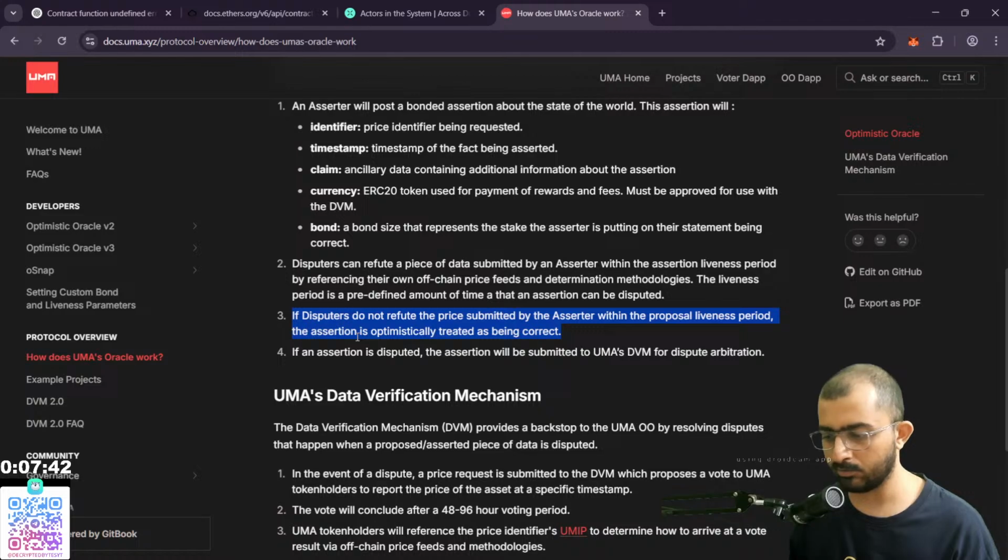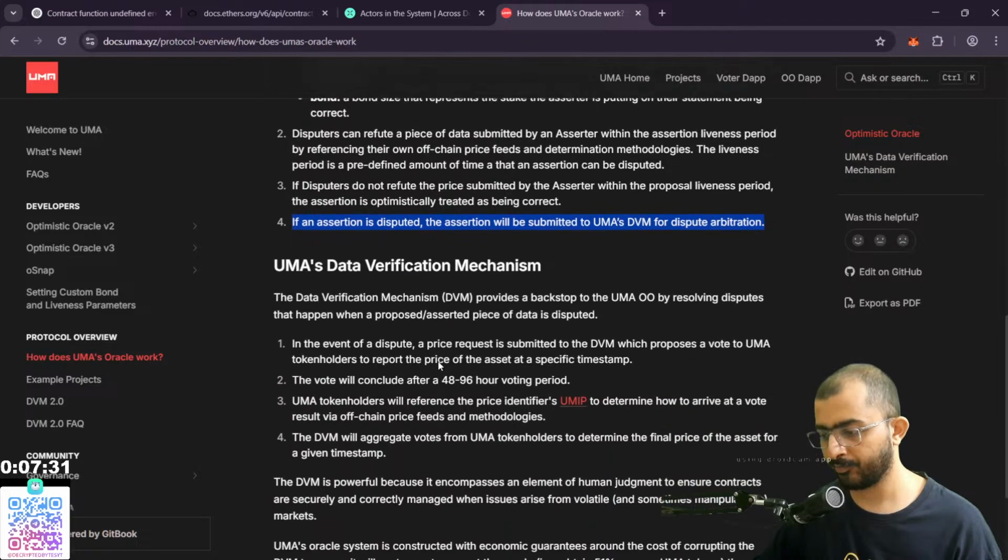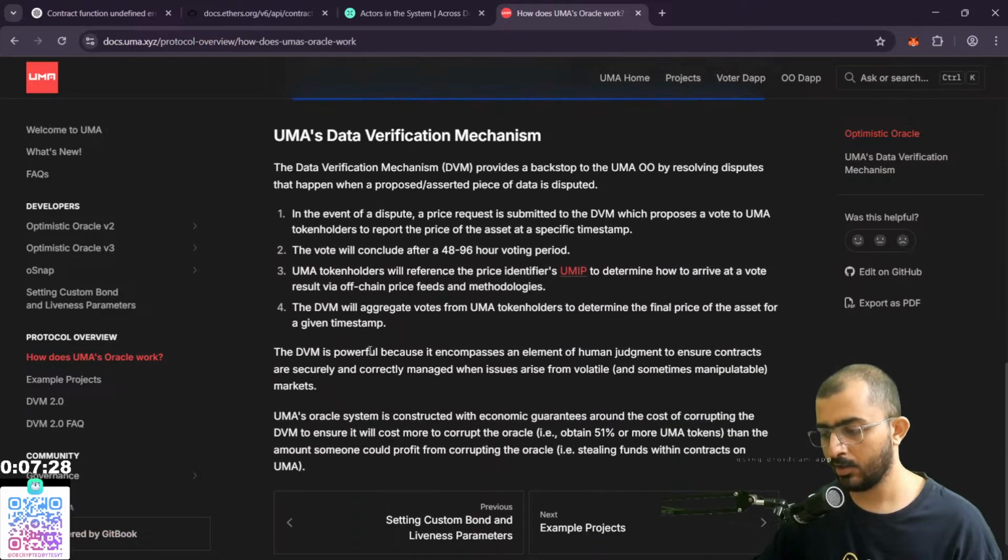Yeah. Okay, that's great. If an assertion is disputed, it will be submitted to UMA's DVM for dispute arbitration. So one sends the data, the other disputes it, and if someone is saying the data is not correct, then let's go to people and ask them. That's the basic gist of it.